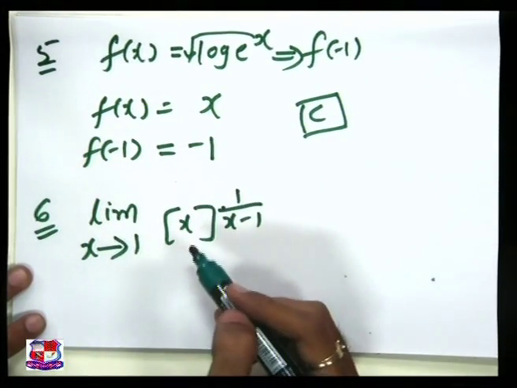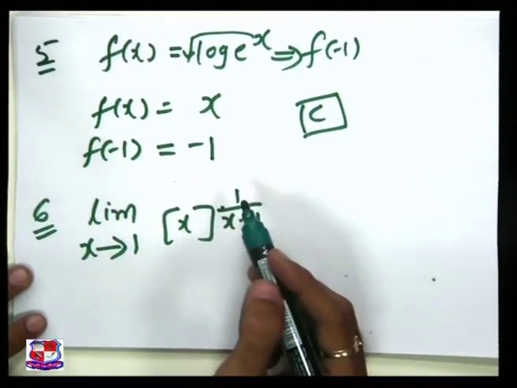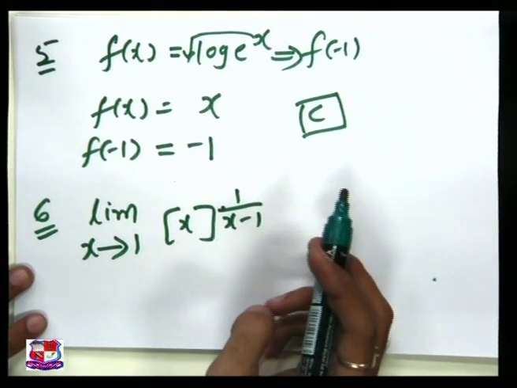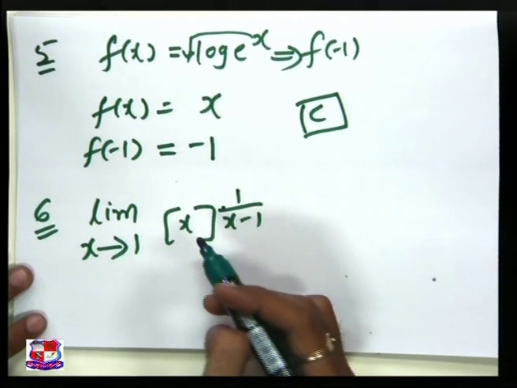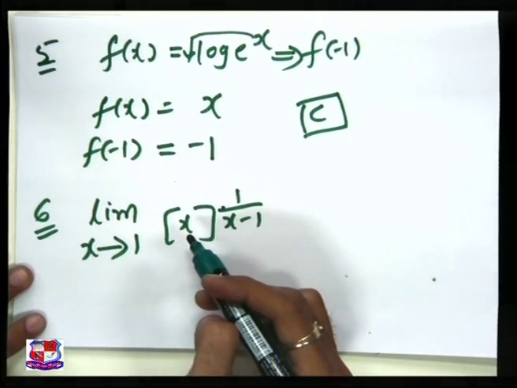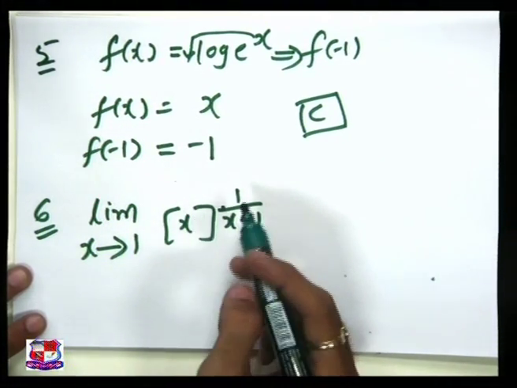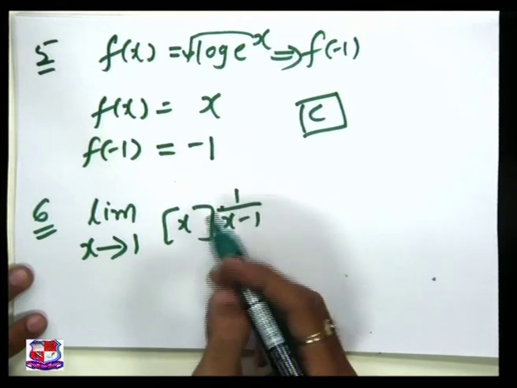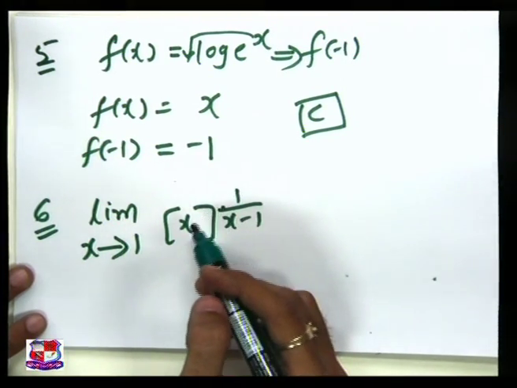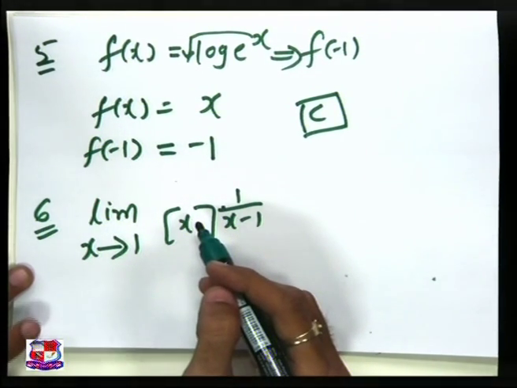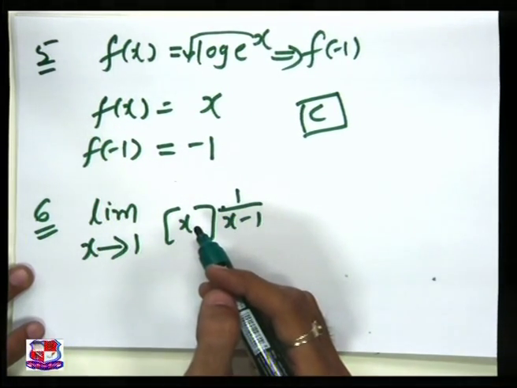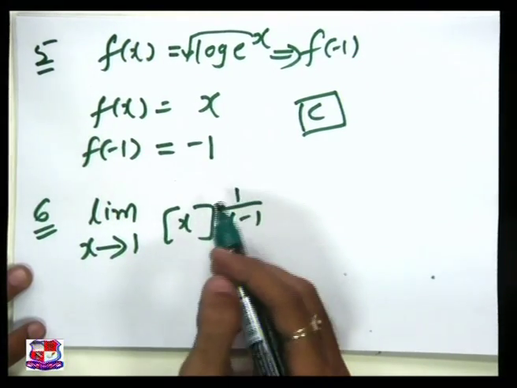First thing, this is the 1 raised to infinity form, so we need to use the L'Hospital rule. For the diploma level we can say that if we put the limit of x here, that is 1 minus 1, 0, so 1 raised to infinity, this is the form. And if we use the L'Hospital rule, then we will easily find that this is equal to 1 raised to infinity, that is equal to 1.